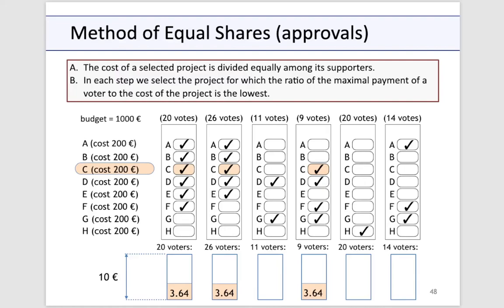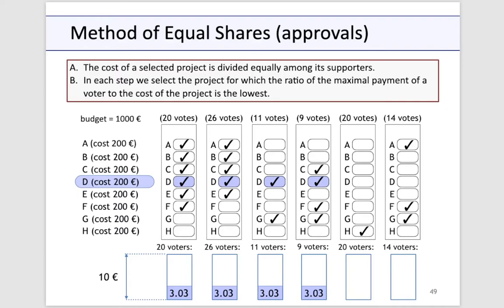So we pick among those projects the one for which the maximal payment of a voter divided by the cost of the project is minimal. In this case, this is project D. Here the maximal payment, 3 euros, divided by the cost, 200, is the lowest among the available projects.